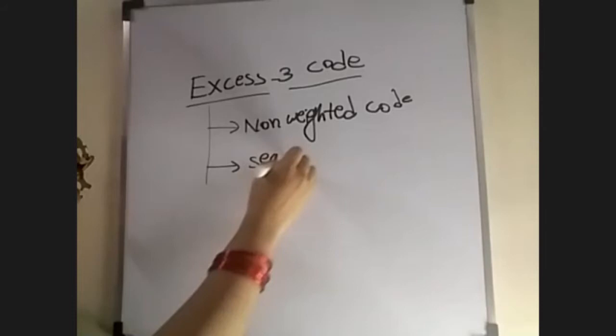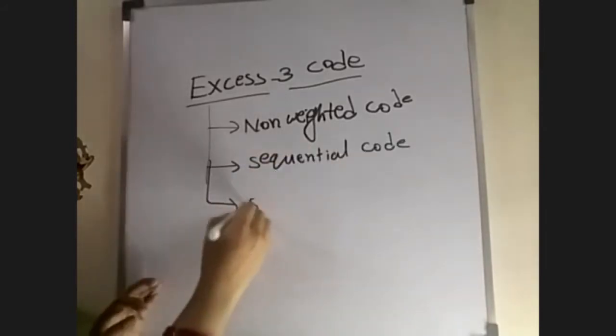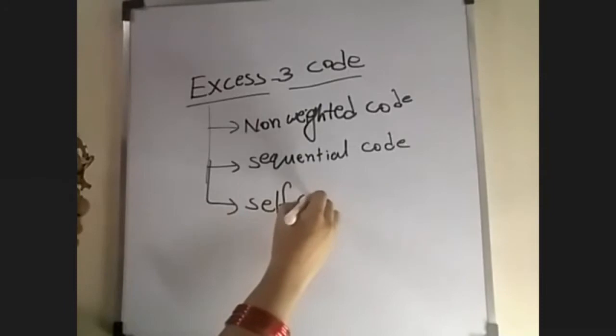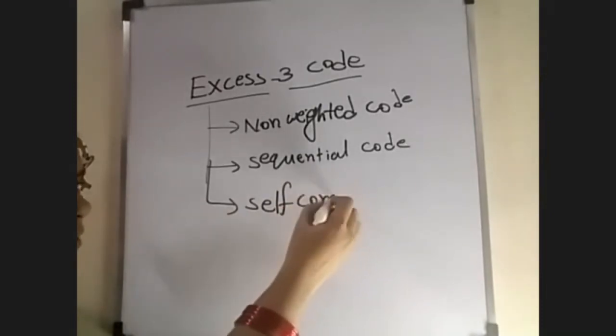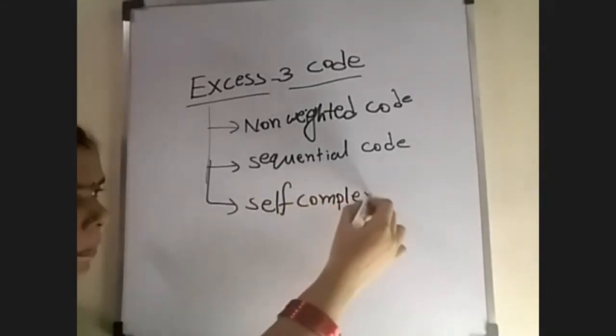XS3 code has the property of being a self-complementing code.